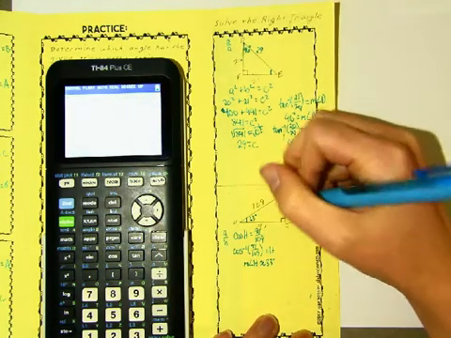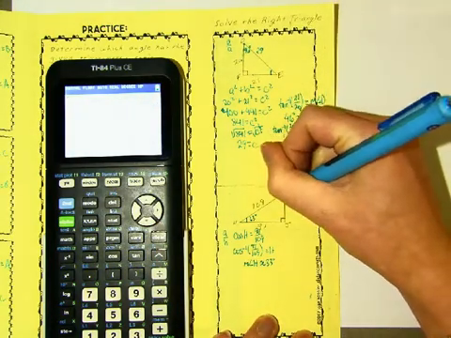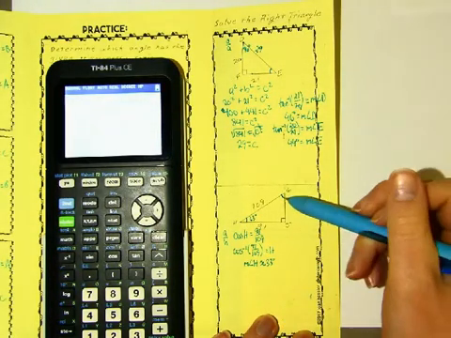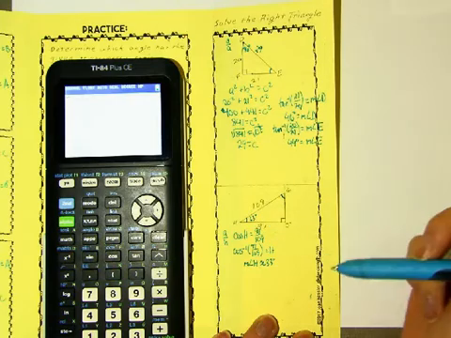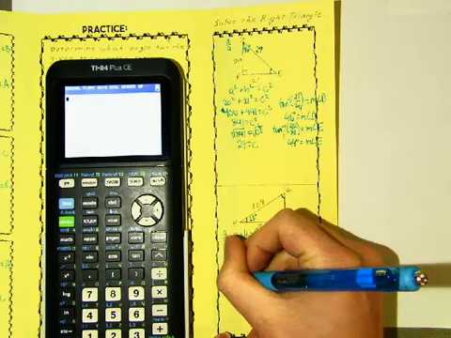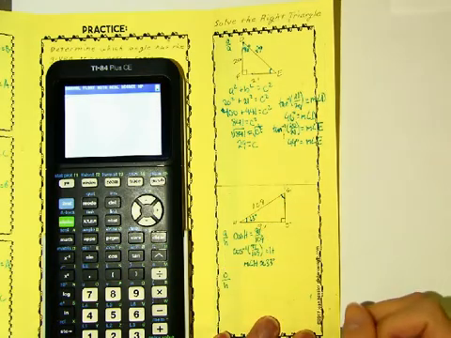Now I want to find G. So G here, 91 is opposite of G and 109 is the hypotenuse, so we're going to use sine because we have opposite over hypotenuse.